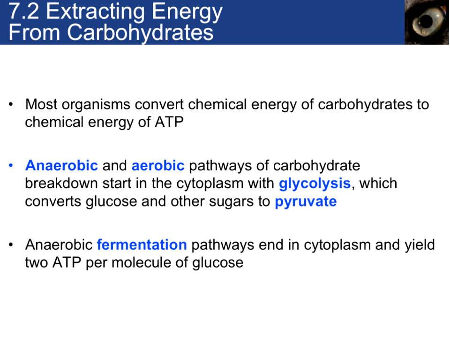So most organisms convert the chemical energy of carbohydrates that they built or ingested into chemical energy of ATP. So anaerobic, without oxygen present, and also aerobic, where oxygen is present. Both of these pathways of carbohydrate breakdown start in the cytoplasm with the process of glycolysis. So glycolysis is the process of converting glucose and other sugars into pyruvate.